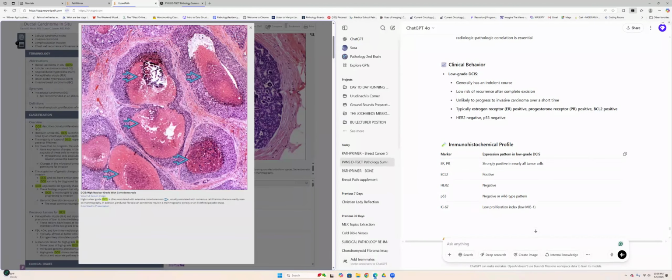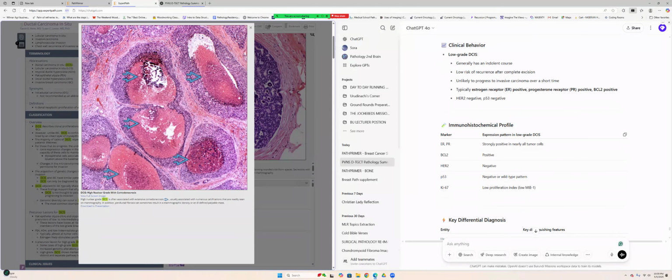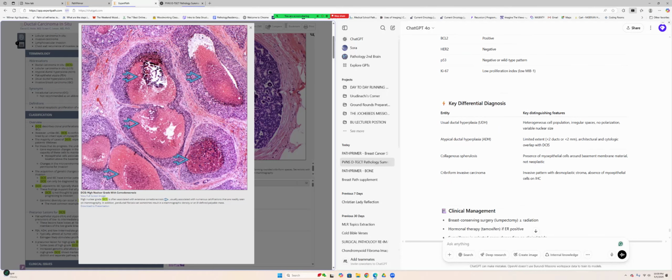What of P53? Positive or negative? Negative, wild type pattern. Wild type is the negative. Here Ki-67, low or high?